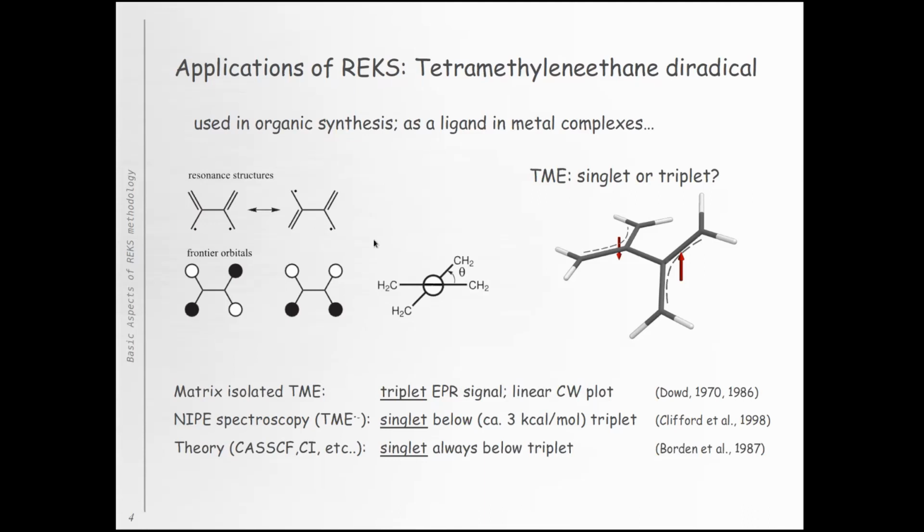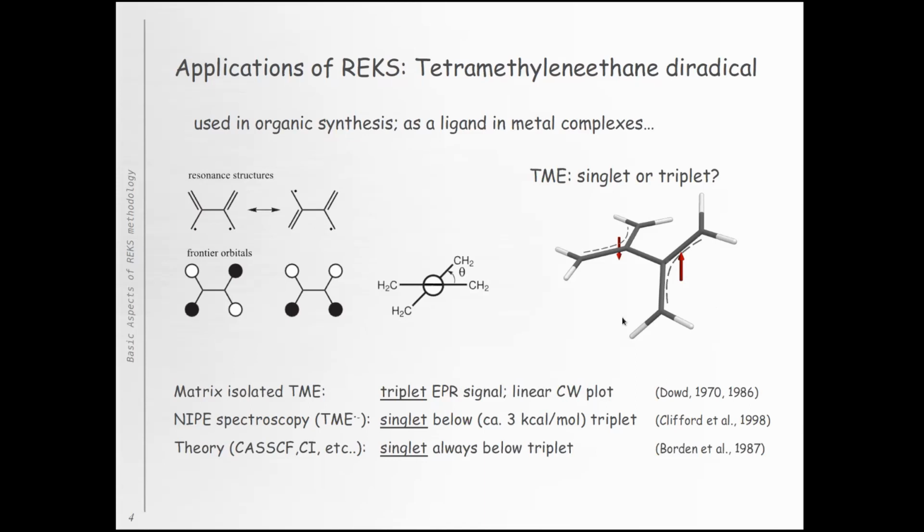Here I show frontier orbitals, and we shall calculate planar and orthogonal conformations. Planar is obvious, and orthogonal is a 90 degree torsion about the central CC bond. All atoms are carbons except these hydrogens. For a long time there was some controversy regarding its ground state, whether it's triplet or singlet.